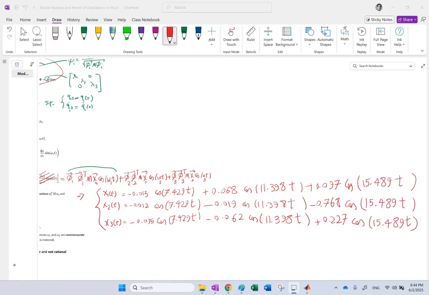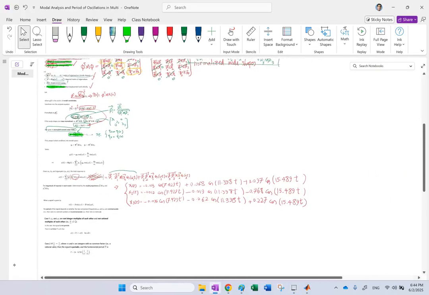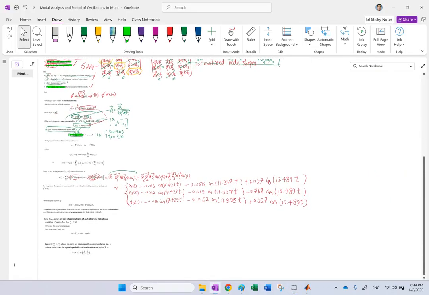There we go. So these are your solutions, x1 of t, x2 of t, and x3 of t in response to these initial conditions based on the modal analysis. Okay? Yeah, so you see, finding these solutions based on modal analysis is completely doable and you can do it.